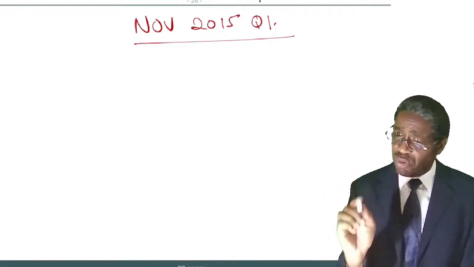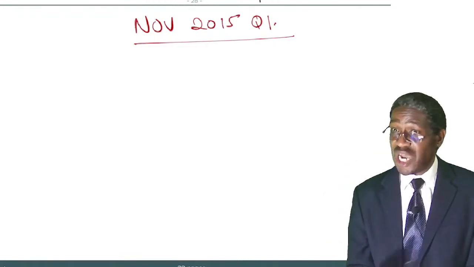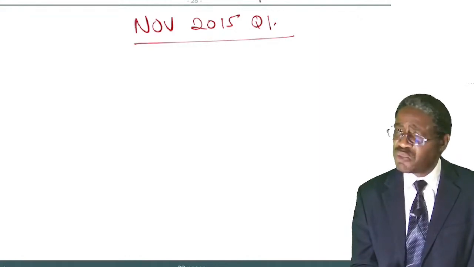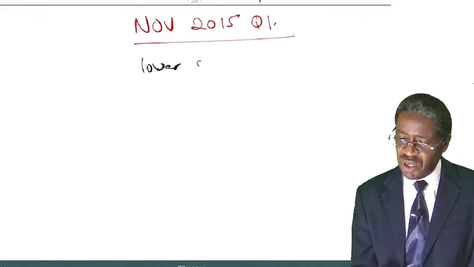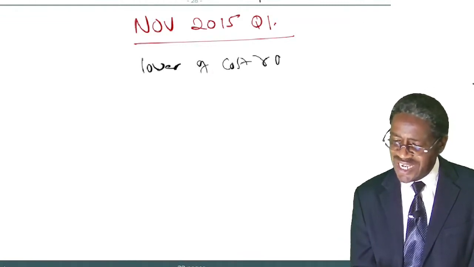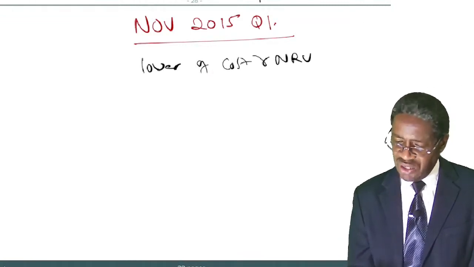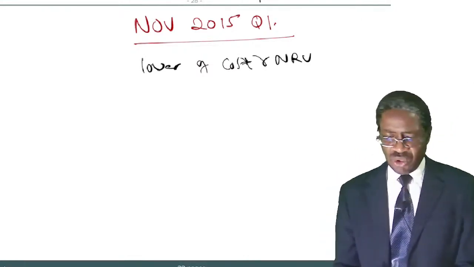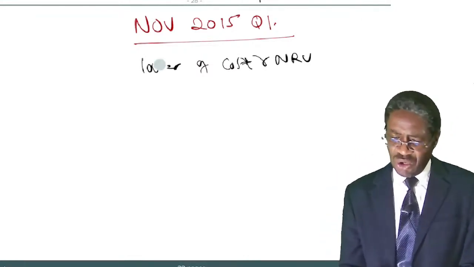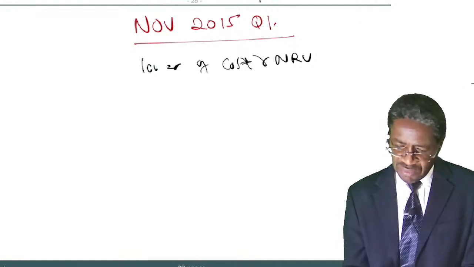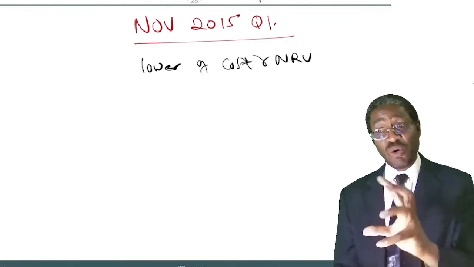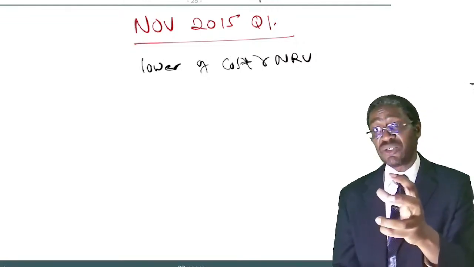The accounting policy for stock valuation says stocks should always be valued at the lower of cost and net realizable value, whichever of the two is lower.